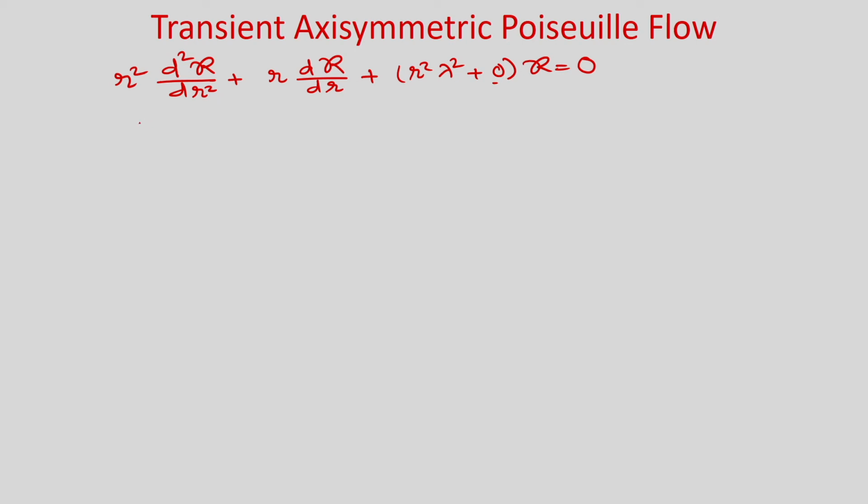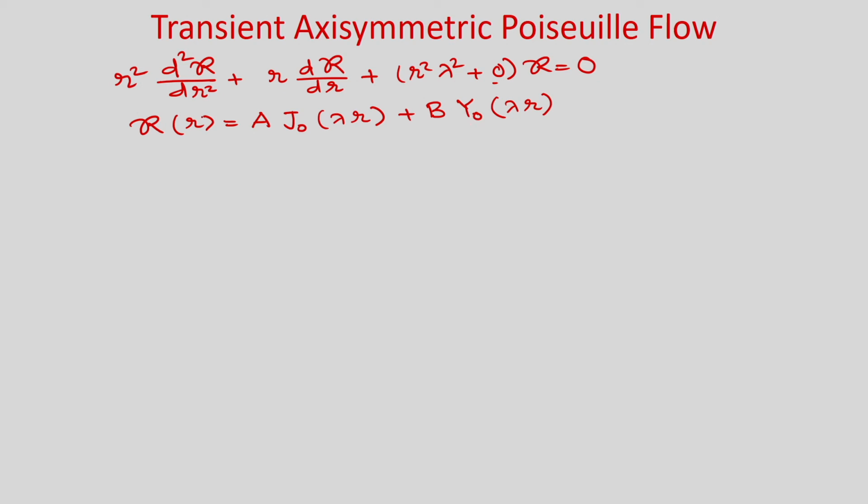Obviously, you can write the solution R is equal to constant a times J0, the 0th order Bessel function of first kind, of lambda r, plus b Y0 of lambda r, where Y0 is the 0th order Bessel function of second kind.